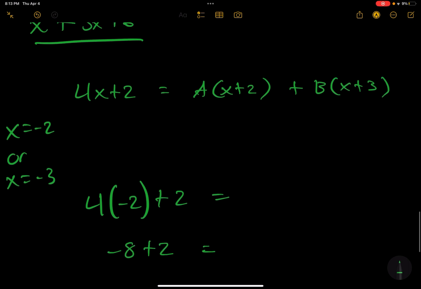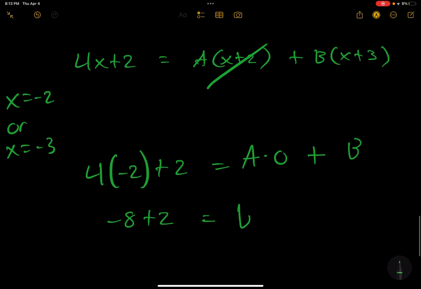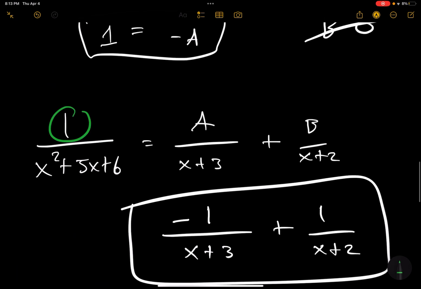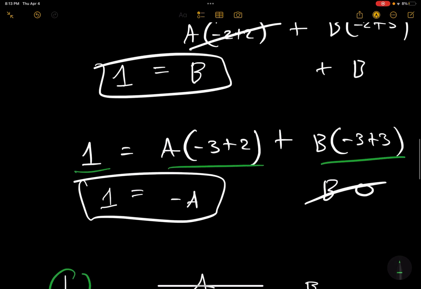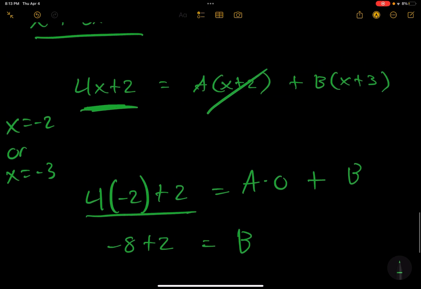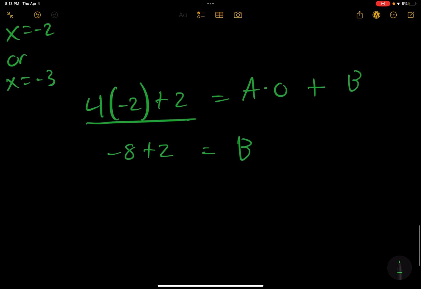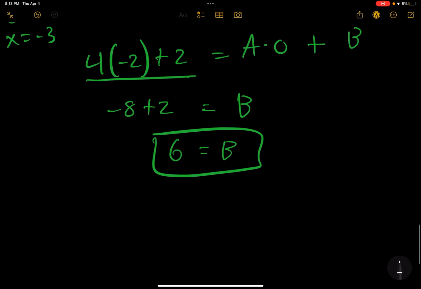Because a is going to be times 0 plus b, we know the difference is that when we substitute, instead of having 1, we don't have just 1, because we're substituting the minus 2 or minus 3 in here. And so now we have 4 times minus 2, minus 8 plus 2, which is minus 6, equals b. So that's really the only difference in those simple linear partial fractions.